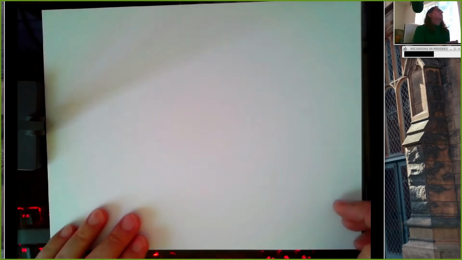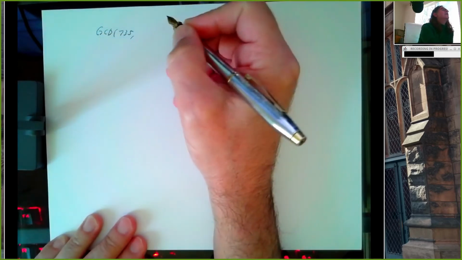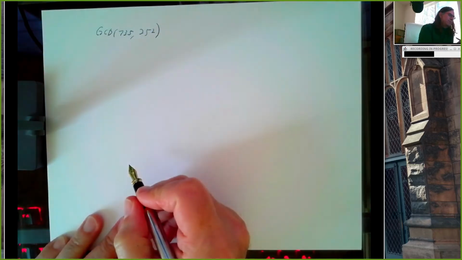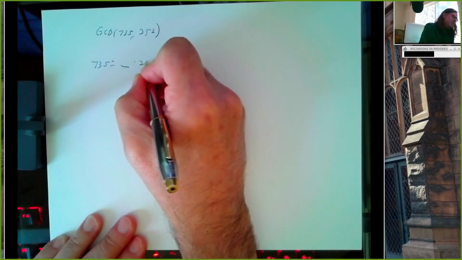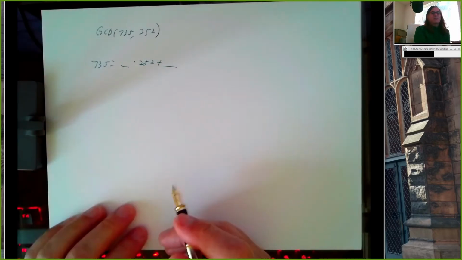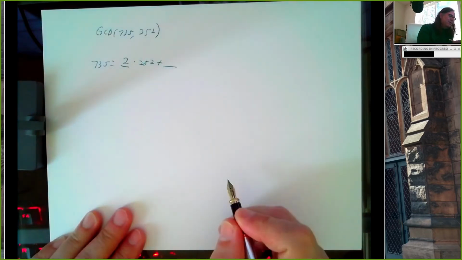Alright, let's do it with a few different cases. So let's do 735 and 252. So 735 equals something times 252 plus something. You have to use a calculator to figure these out usually, but 252 goes into here twice.